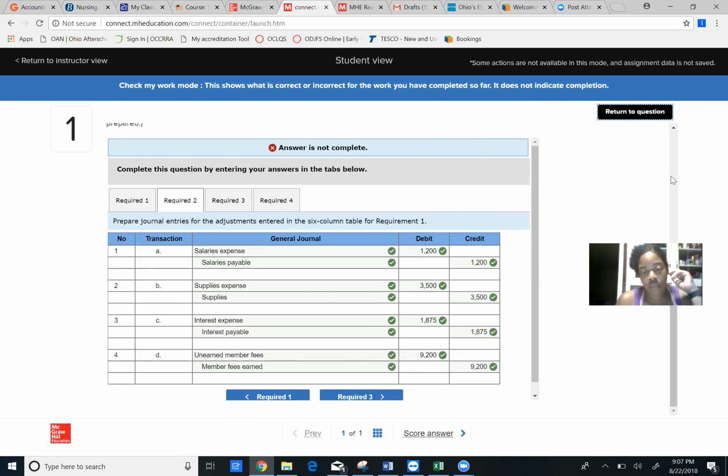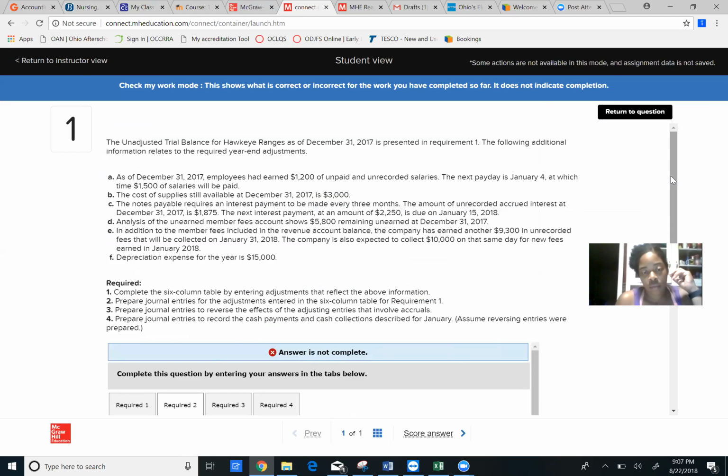Now the next one says, in addition to the member fees included in the revenue account balance, the company has earned another 9,300 in unrecorded fees that will be collected on January the 1st, 2018. The company is also expected to collect $10,000 on that same day for new fees earned in 2018.